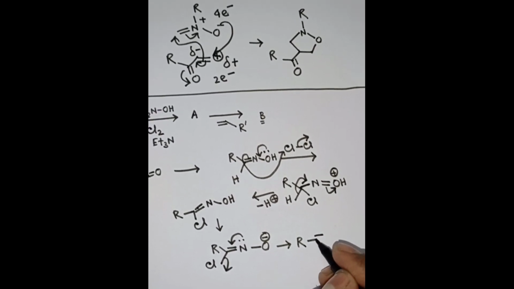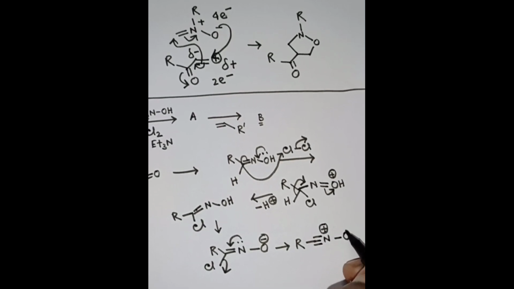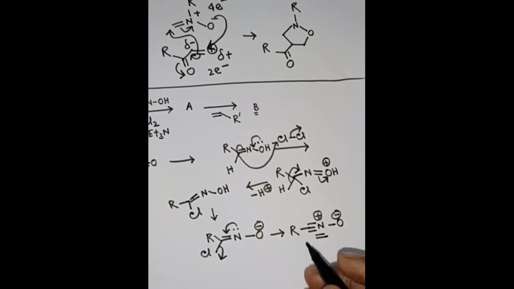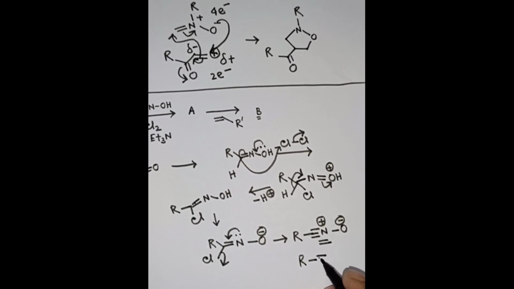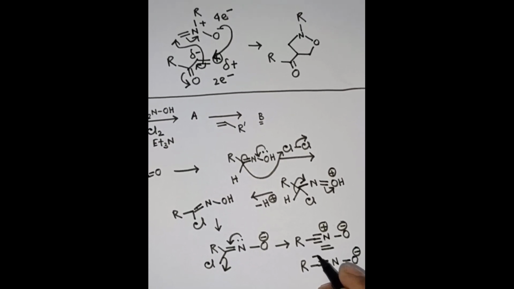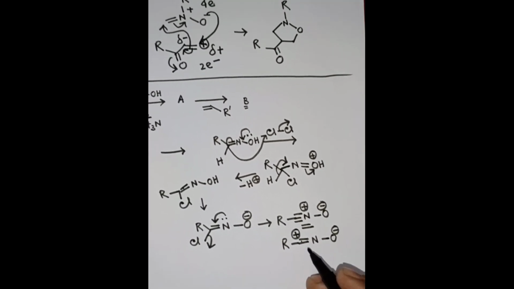So in this way we got our 1,3 dipole. We can write this one again like this. So this positive charge will be generated at this carbon center and nitrogen will be neutralized.